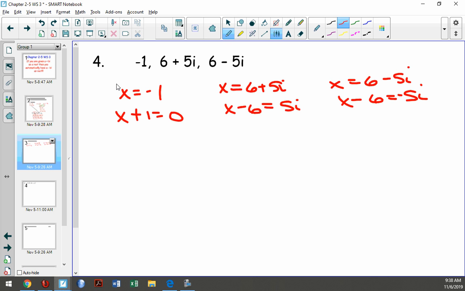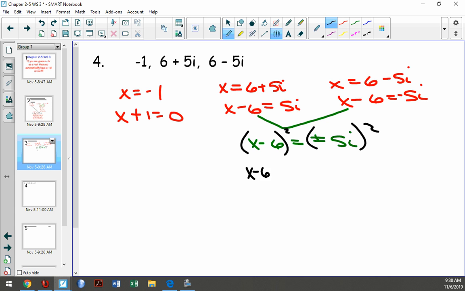Do we see that? We good? Make this x minus 6 is equal to plus or minus 5i. How do I get rid of the plus or minus? Square both sides.